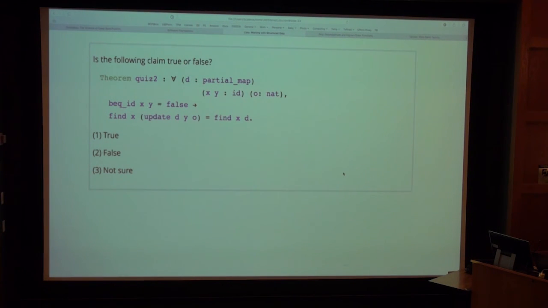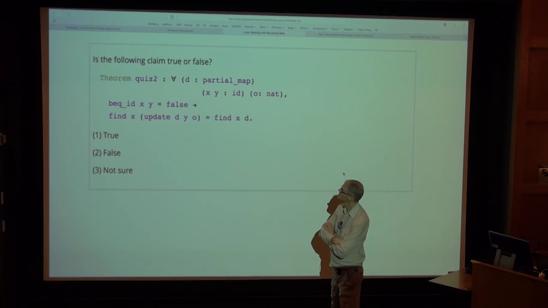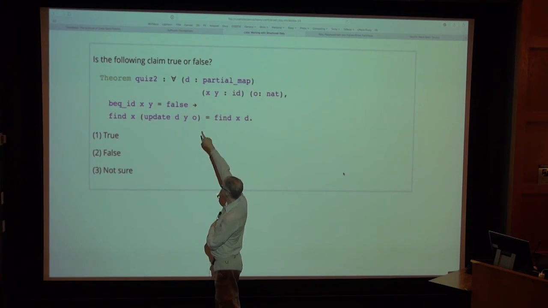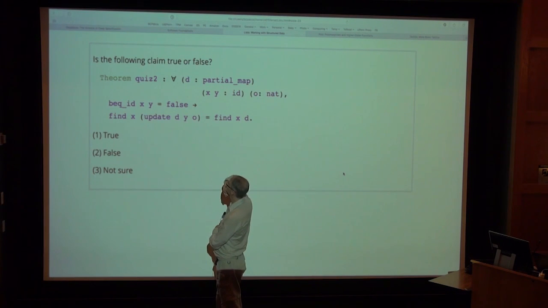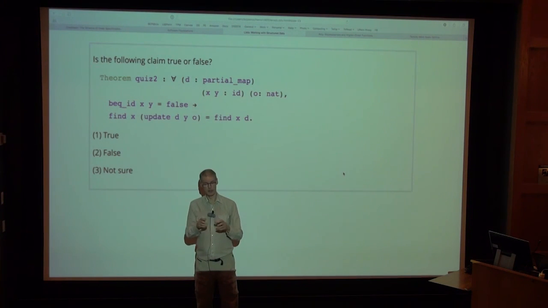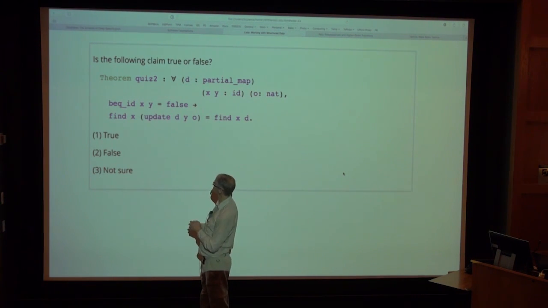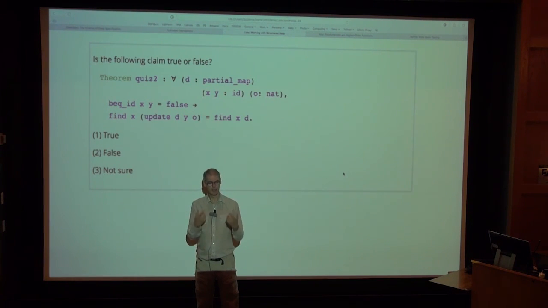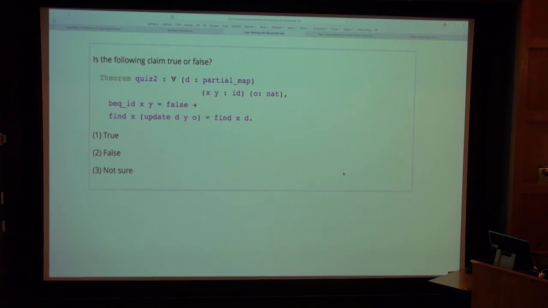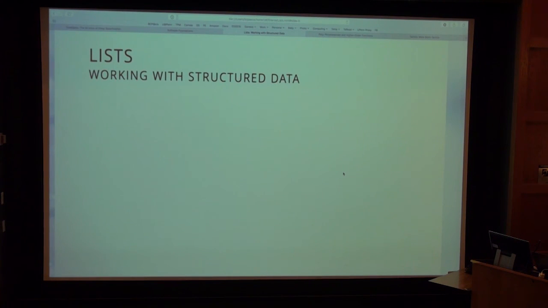This should be true as well, because the first step of executing find will simply be the recursive invocation. Yes, this is true as well, because the hypothesis that x is not equal to y tells us that the top invocation of find will discover that the front thing on the updated map is not what we're looking for, and then make a recursive call, which is just the right-hand side of the equality. So whatever that gives us will be what we get back. Okay, and that is the end, and it's coffee time.